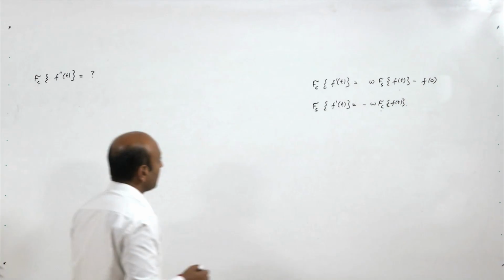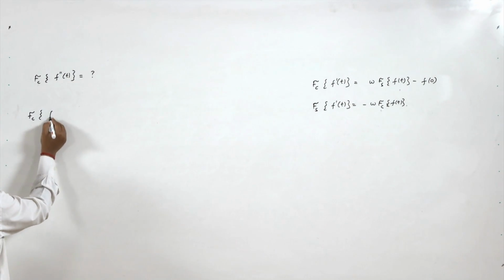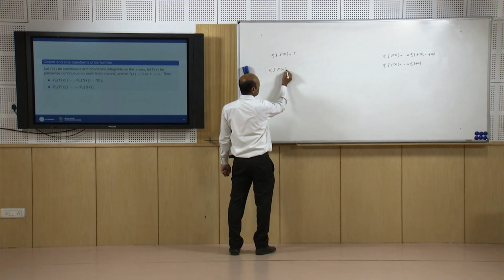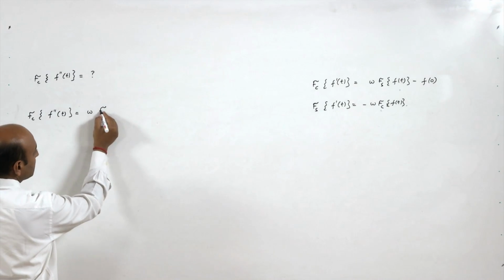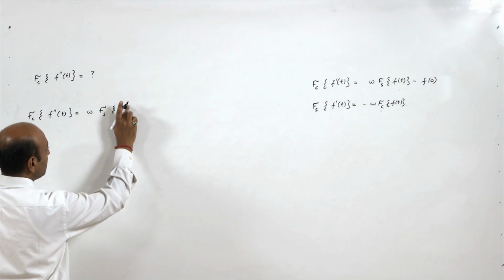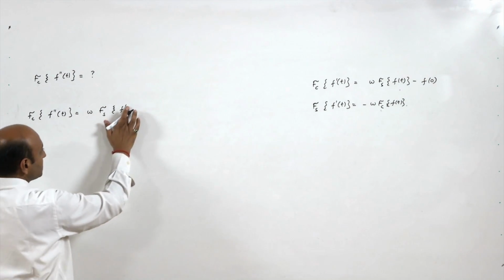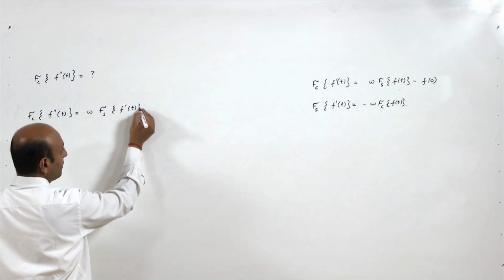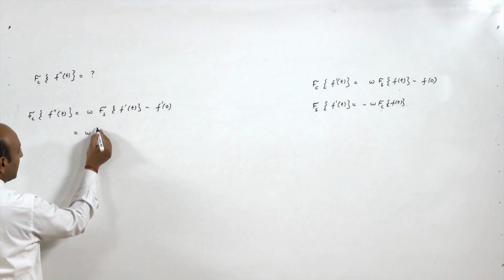So, when you replace f by f dash in this expression, Fourier cosine transform of f double dash t will be nothing but omega times Fourier sine transform of f dash t minus f dash 0. You are replacing f by f dash t.